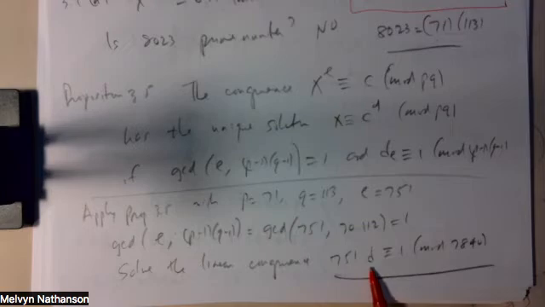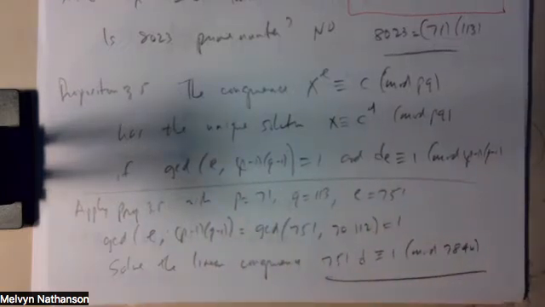But I've reduced it to solving this linear congruence, and then you work your way backwards to solve the original problem. That's what has to be done.